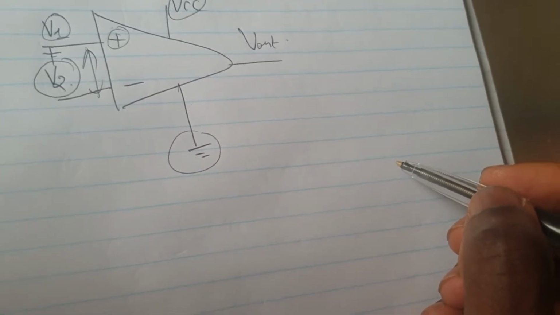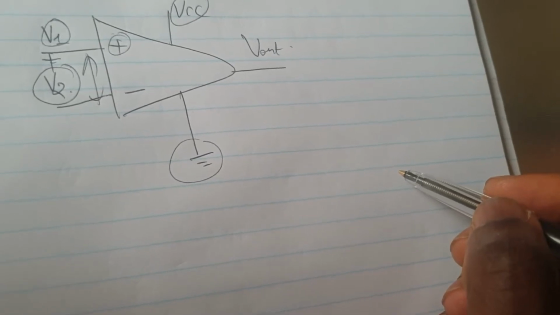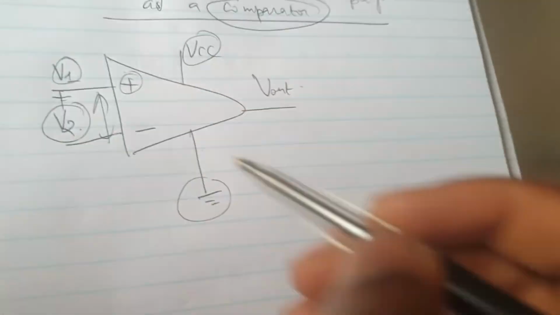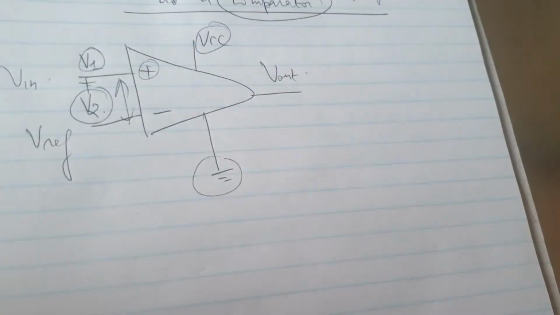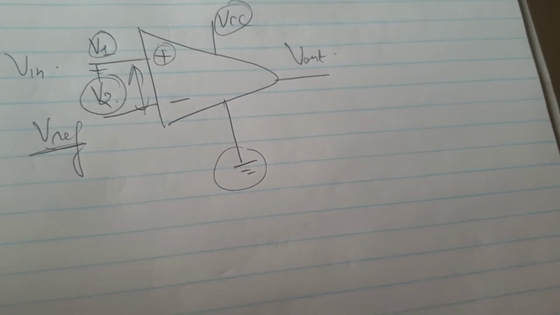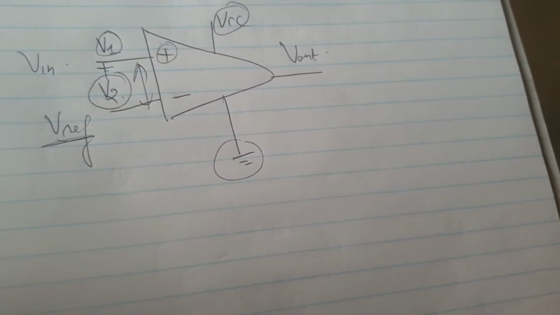We will just look into this now. The comparator basically compares two inputs: one is called the reference voltage, and the other one is the input voltage. Why is this important? Because that directly speaks to its actual applications.